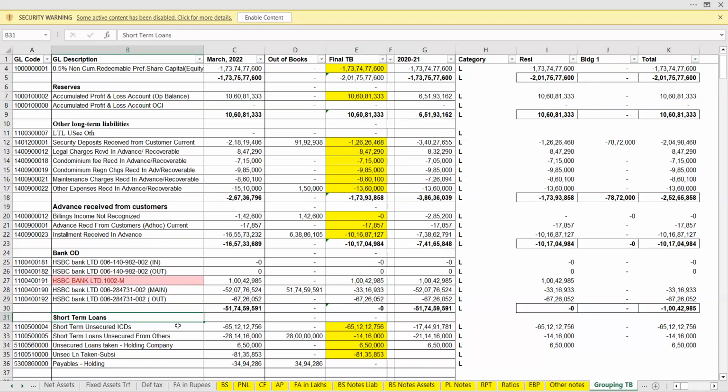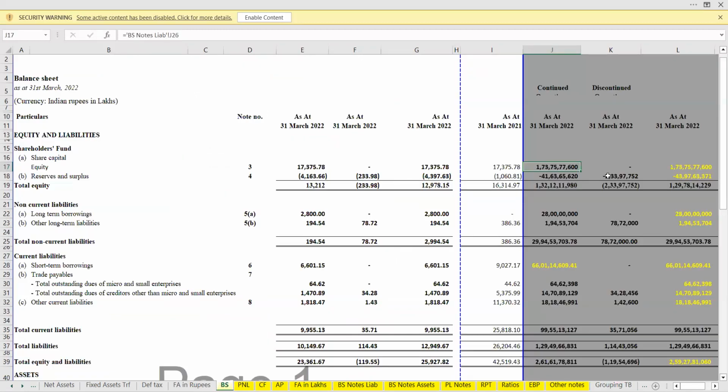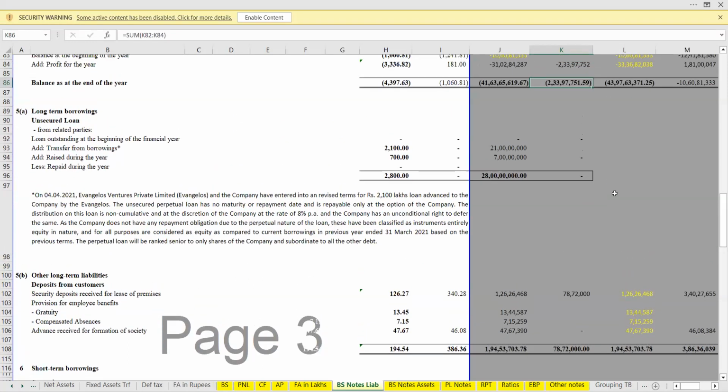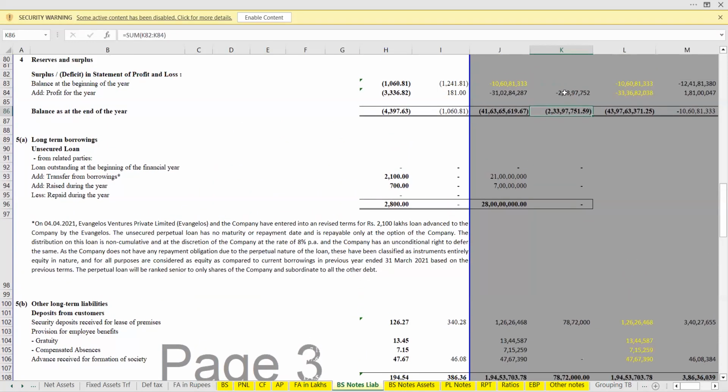And all my previous year figures are also linked. It is not typed manually. It is all linked. So when you do this, suppose your client gives you a trial balance, you need not check the opening balance if you link even your previous figures with respect to your previous year trial balance. It will automatically show that your opening balance figures are being checked. Understand?